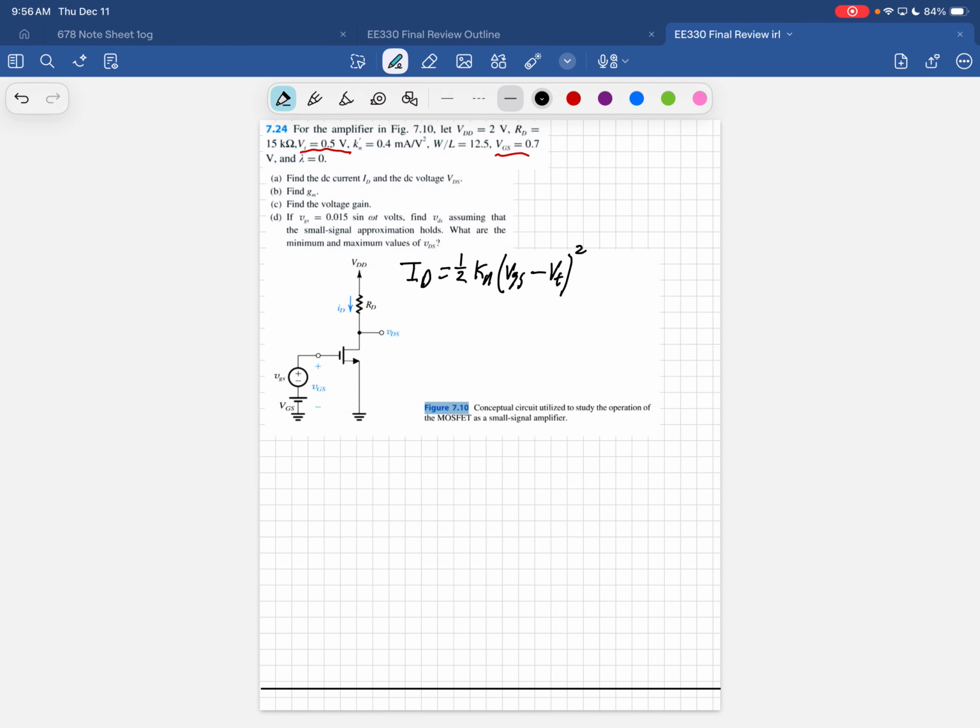So I come back over to my equation sheet, and I know that Kn equals Kn prime times W over L. So coming back to my sheet over here, we have Kn prime. We also have W over L. So I can put this equation into my ID equation.